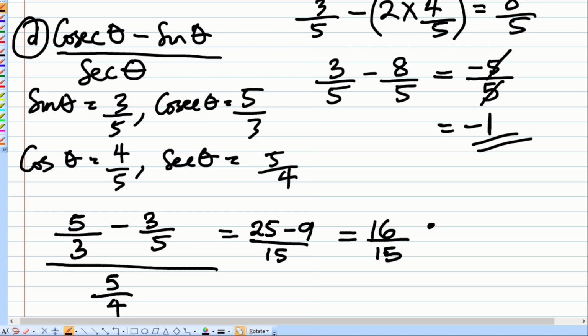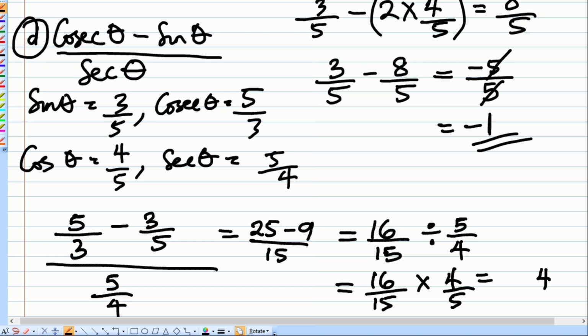So let's just write it like this, divided by 5/4. So we're going to change the division to multiplication. I'm just going to flip the fraction. So this becomes 4/5 now. Since nothing can cancel, we just multiply. 16 times 4. 4 times 6 is 24, right? 4 carry 2. 4 times 1 is 4 plus that 2, we have 64.